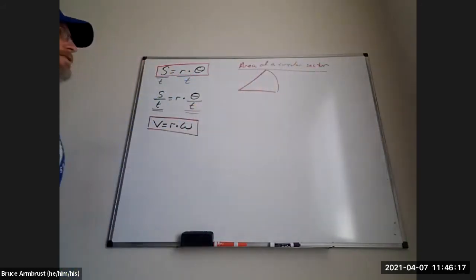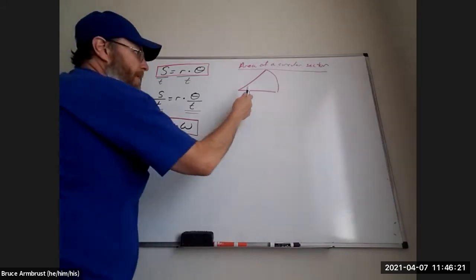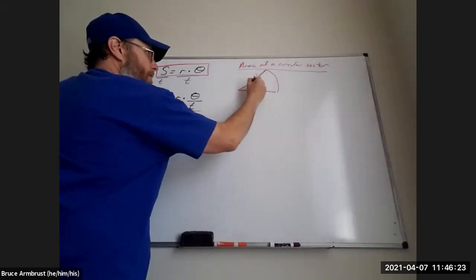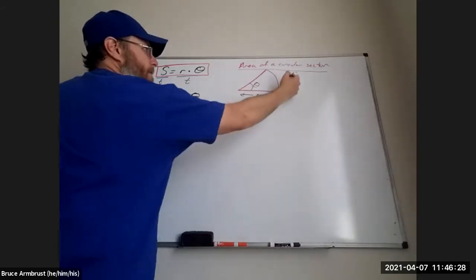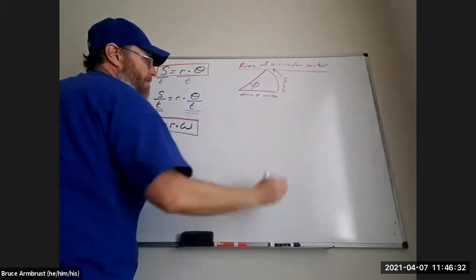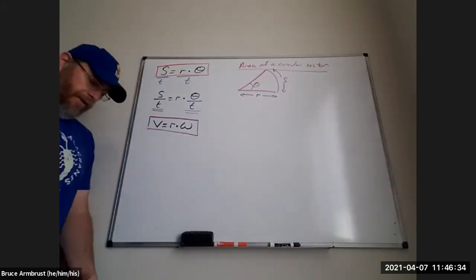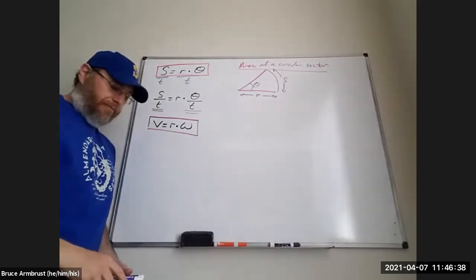Okay, so area of a circular sector. Let's put on the things that we know again. We're going to have some angle that we're going through. We're going to have some radius. And we'll go ahead and put the S here. That's what we've seen so far, the S, the R, and the theta. But now I want to know what its area is.